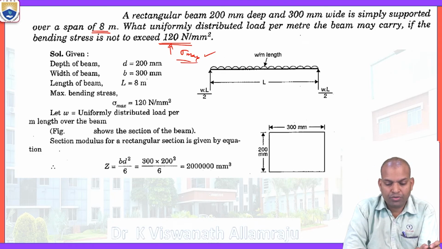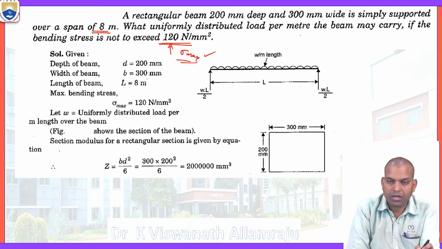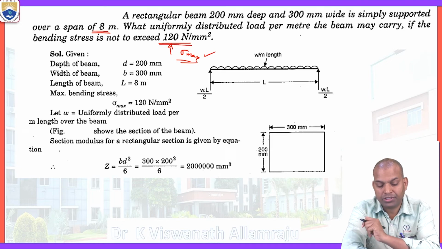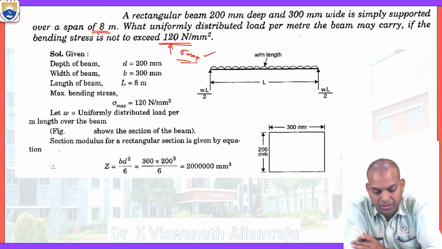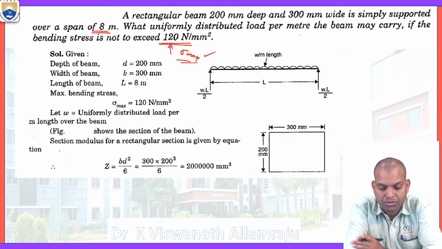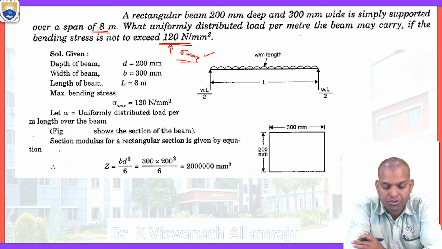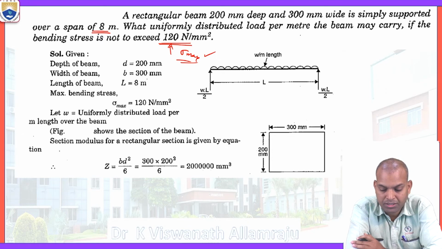So what is to be found here? What is the objective and what is the data given? The data given is the section dimensions of the beam, 200 millimeters deep and 300 millimeters wide. The type of beam is simply supported.